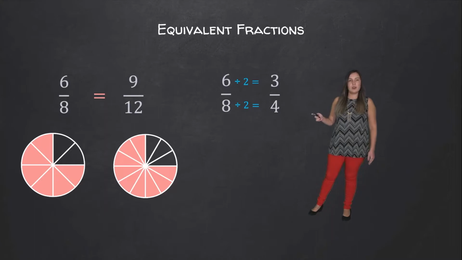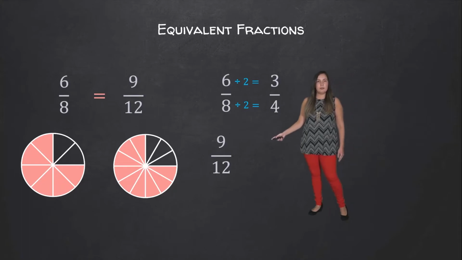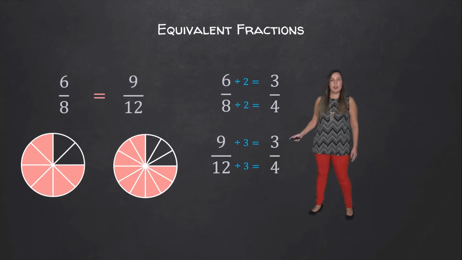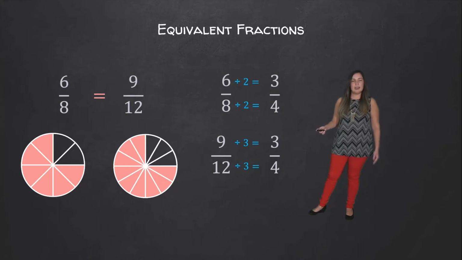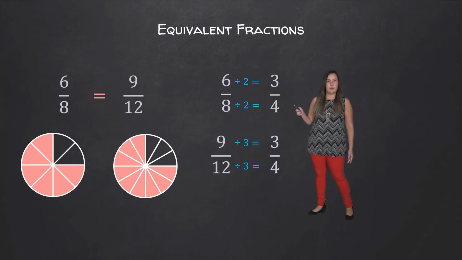So 6/8 simplifies to the fraction 3/4. And then if you take 9/12, find the greatest common factor, which is 3, and divide them both by 3, we get 3/4, and they are equivalent. So 6/8 is equivalent to 9/12, and both of those fractions are also equivalent to 3/4.